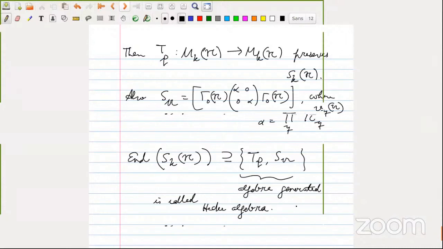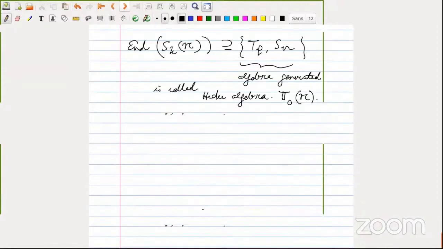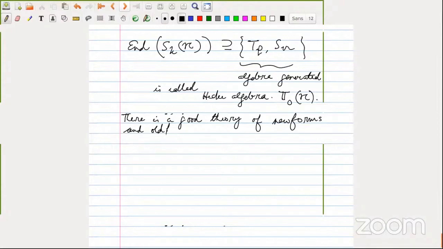Okay, and it's many times denoted by T0 of n here. Then one has a good theory of new forms and old forms here.